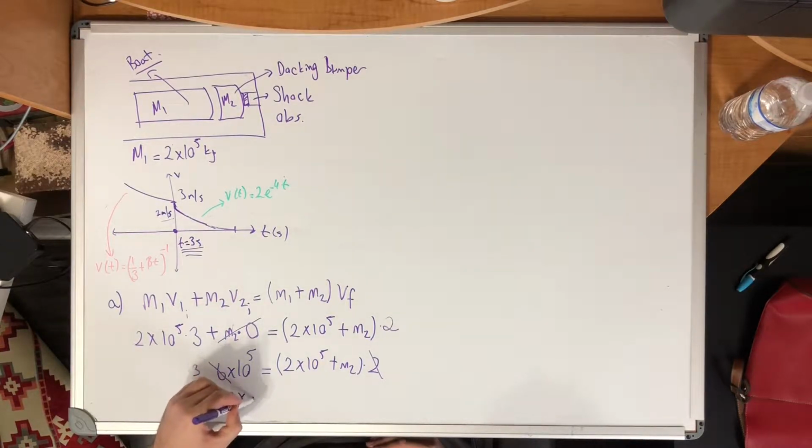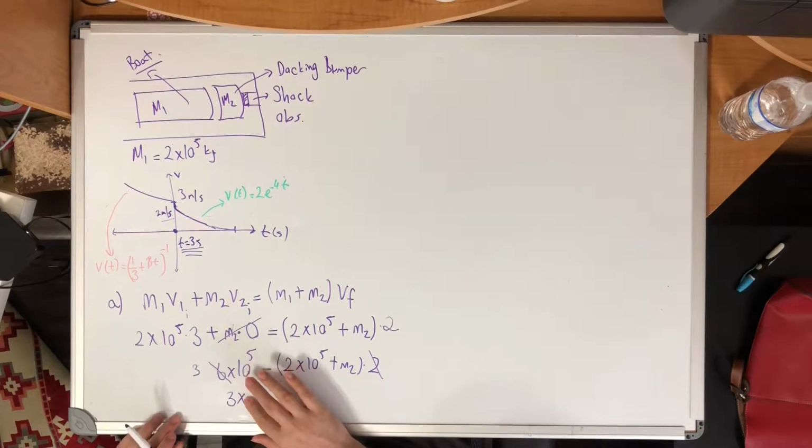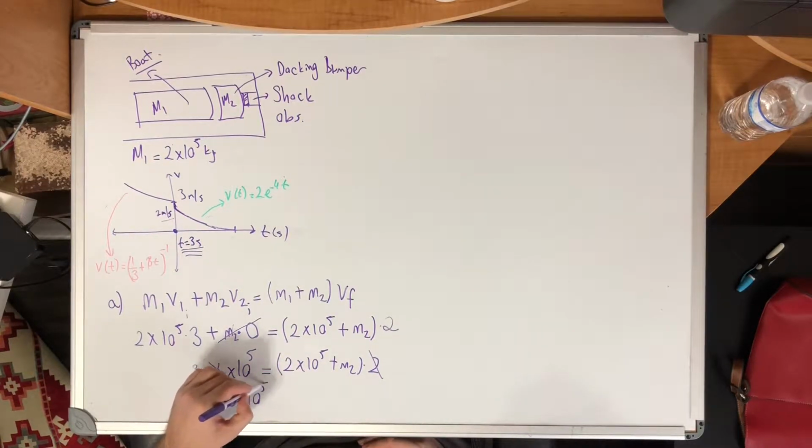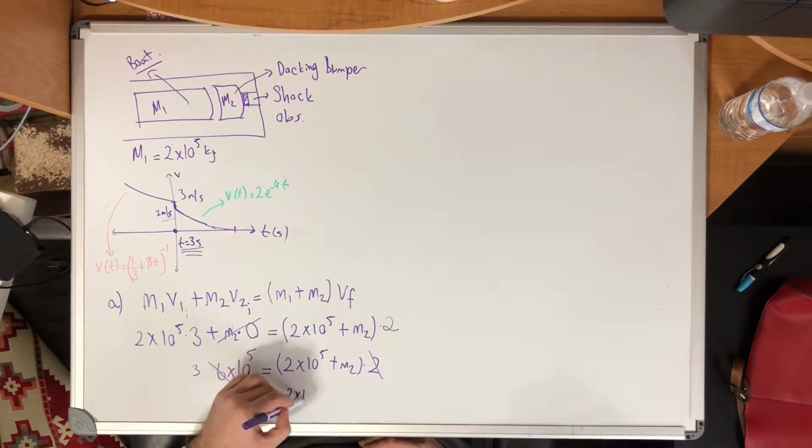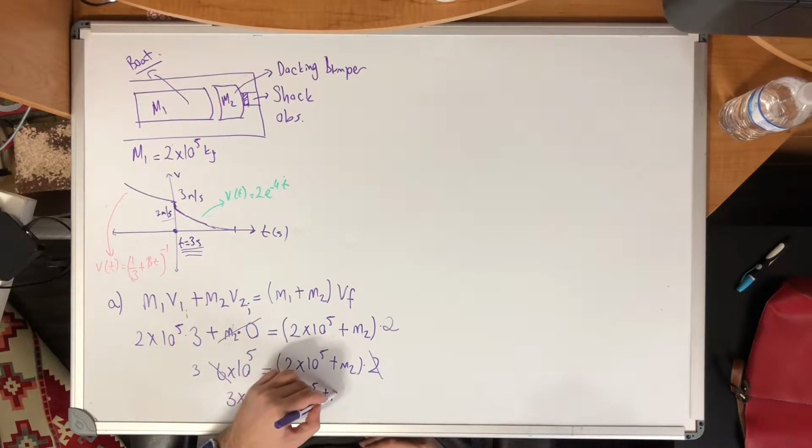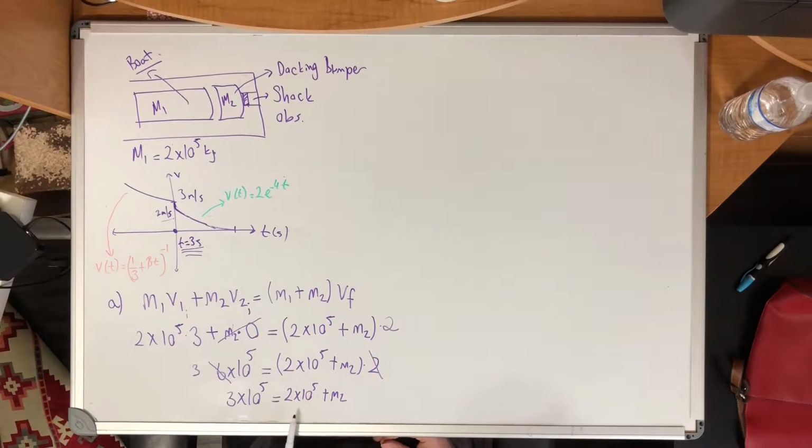3 times 10 to the power of 5 equals 2 times 10 to the power of 5 plus m2. So over here, what can we do? We can subtract 2 times 10 to the power of 5 from both sides.